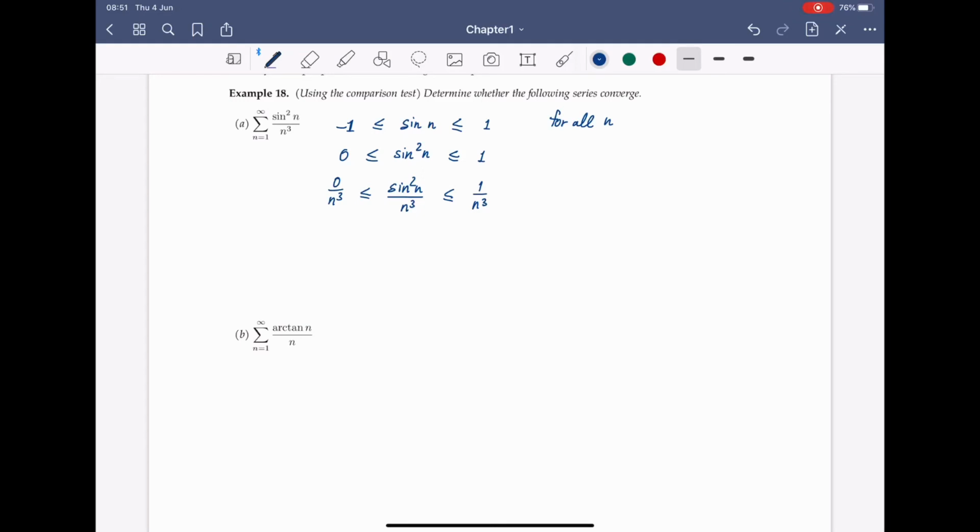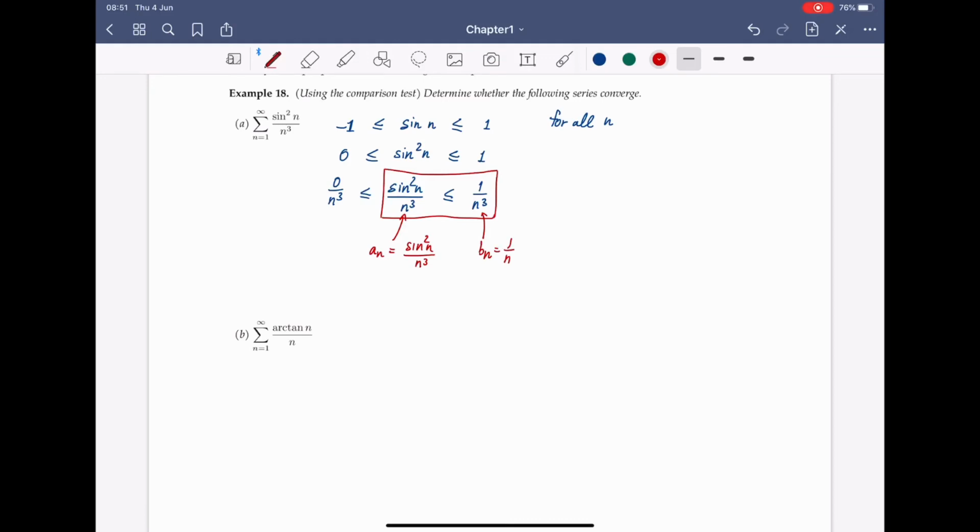And then look at the one I just boxed. You have sine square n over n cube less than 1 over n cube, and you can let this be your an and let this be your bn.